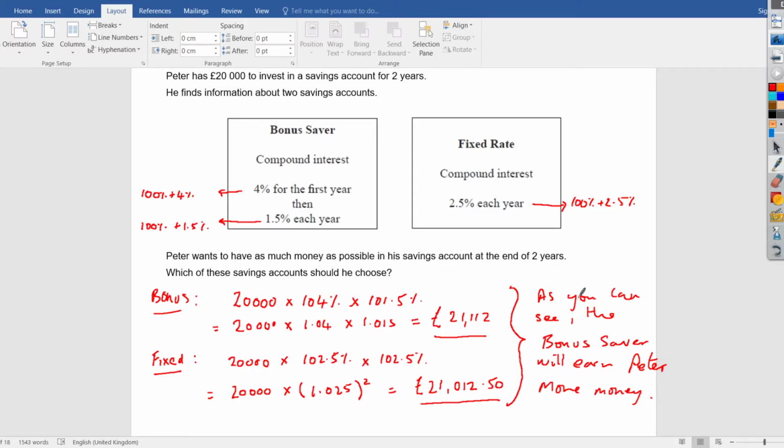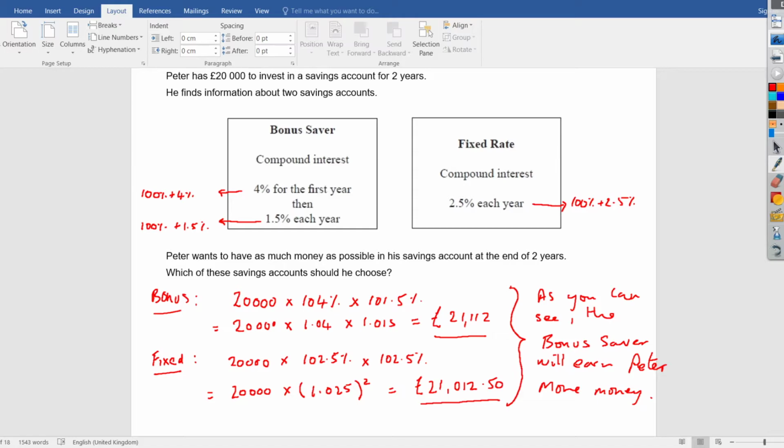Okay, so it's important that you put a claim there at the end, so you get a couple of marks for the working, and then 1 mark for writing the claim of what you went with. Okay, thank you. Let's move on to the next question.